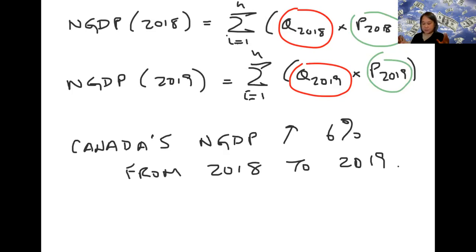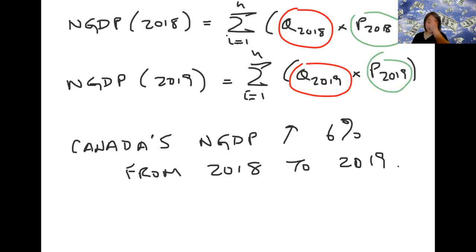So right now, this 6% is ambiguous. You don't know if output has increased or decreased, or whether this increase of 6% is coming from prices. Once again, we don't know if price level has increased or decreased.